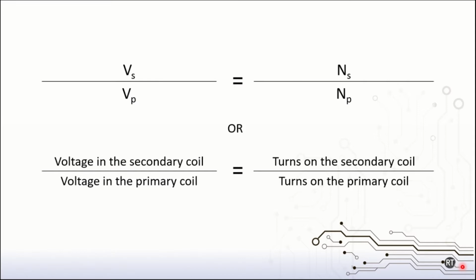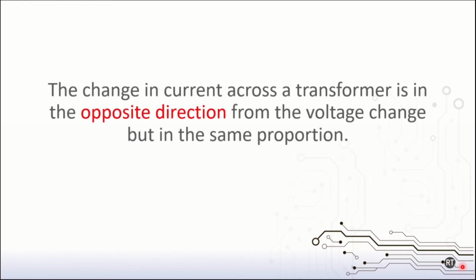This equation means that if the number of turns on the secondary coil increases, the voltage will also increase. But the change in current is different. The change in current across the transformer is in the opposite direction from the voltage change, but in the same proportion.